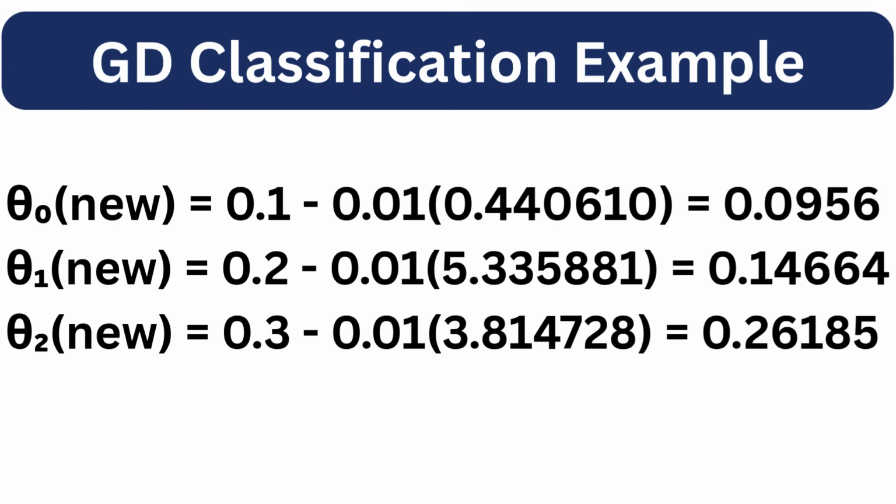Old theta 2 is 0.3, the learning rate is 0.01, and the gradient of the loss function with respect to theta 2 is 3.814. We get the new parameter value for theta 2 equals 0.2618. So after one epoch of batch gradient descent, these are our updated values.